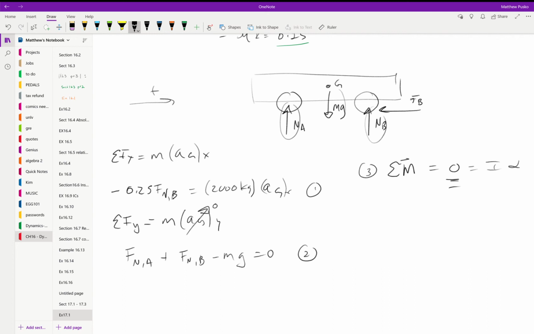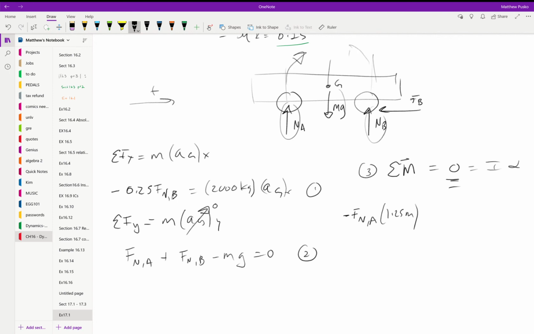We get a normal force at A. That normal force at A with respect to G was acting at 1.25 meters away. The normal force at B, I'm going to give that a minus sign because this would give us a negative rotation.